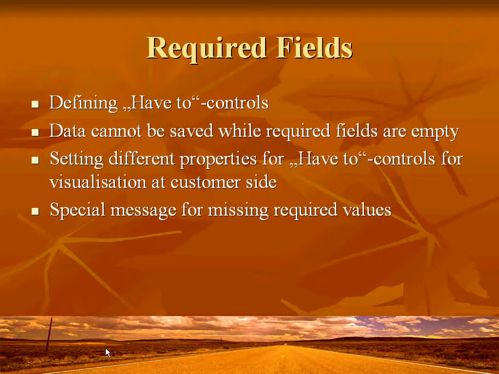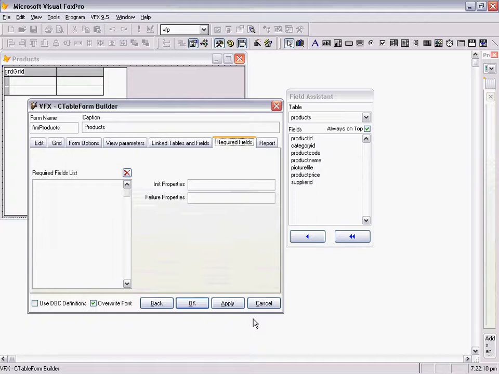Additionally, you can define properties that are used when user tries to save data without having all these required fields filled in. All controls linked with fields that are required are changed according settings that you made for required fields, and additionally a special message is shown to the user that not all required fields are entered.